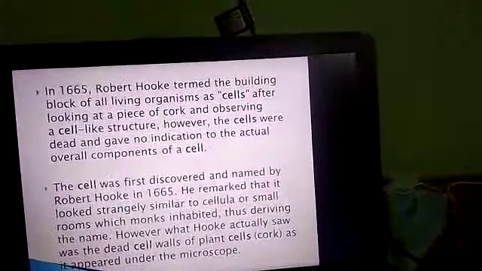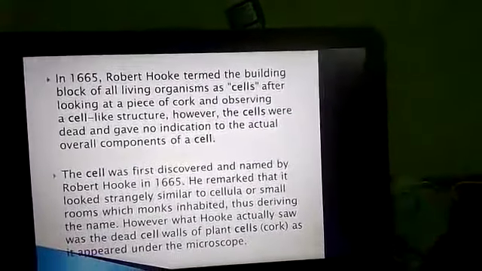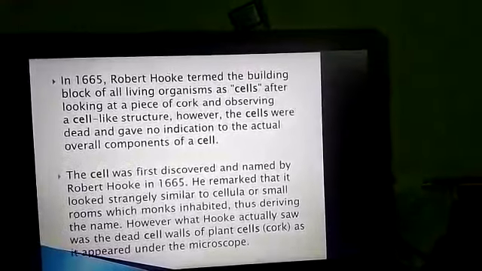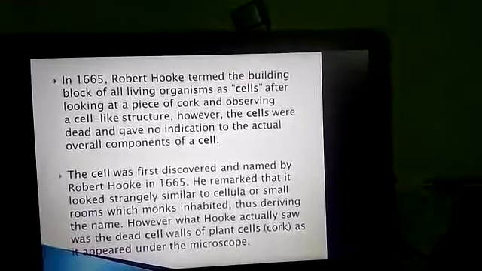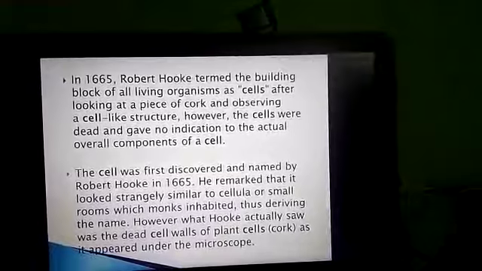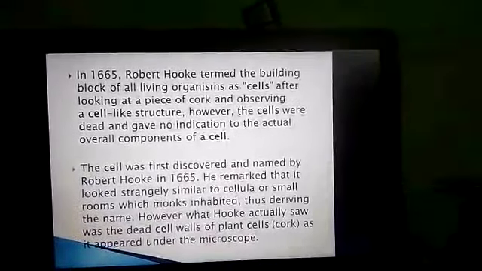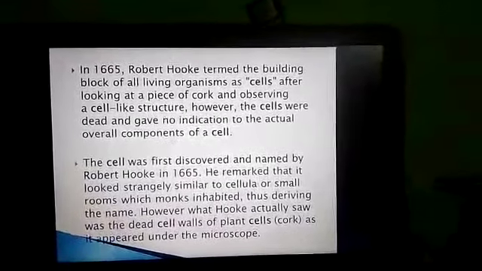So if we discuss the cell, Hooke observed a piece of cork and saw a cell-like structure.